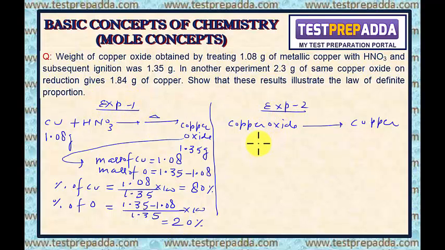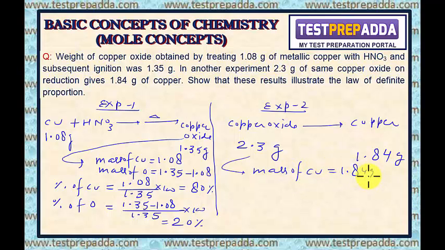In the experiment 2, copper oxide given is 2.3 gram and copper is given as 1.84 gram. So whatever copper present in copper oxide is converted into copper metal. So I can say mass of copper in this is 1.84 gram and mass of oxygen is equal to 2.3 minus 1.84, which I can write as 0.46 gram.